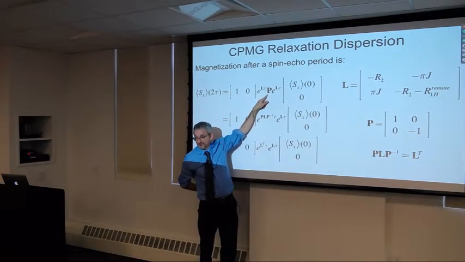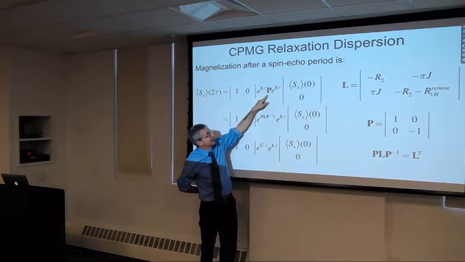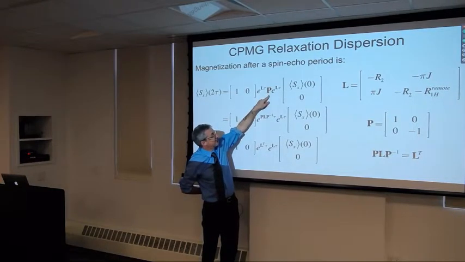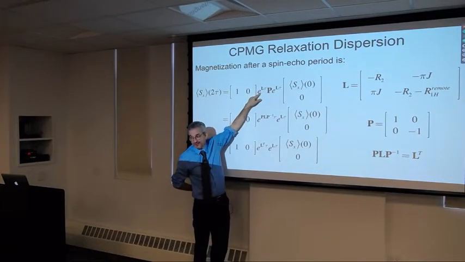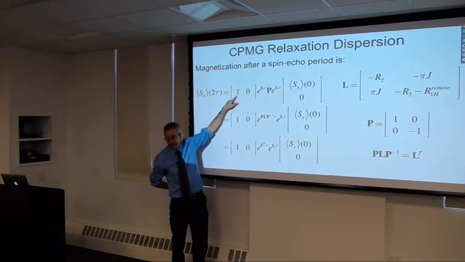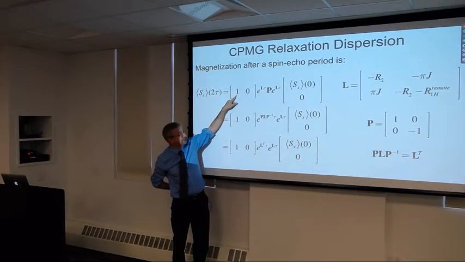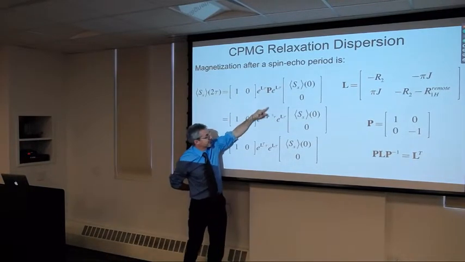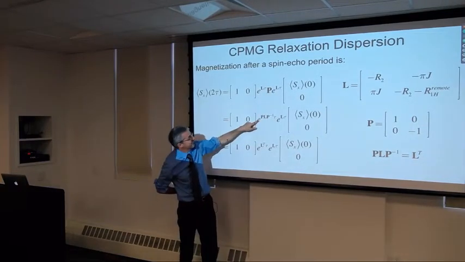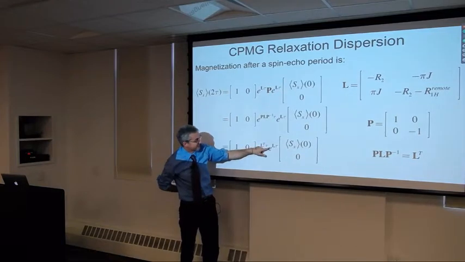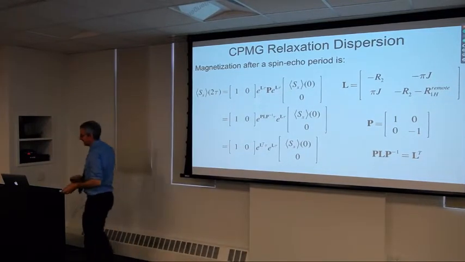That represents the inversion, so that's just going to change the signs of the chemical shifts. And then we'll get evolution again. And then I'm going to read out just the in-phase magnetization. And then I can monkey around with the matrices, move this up to here. And now that just says I have the product of these two matrices.